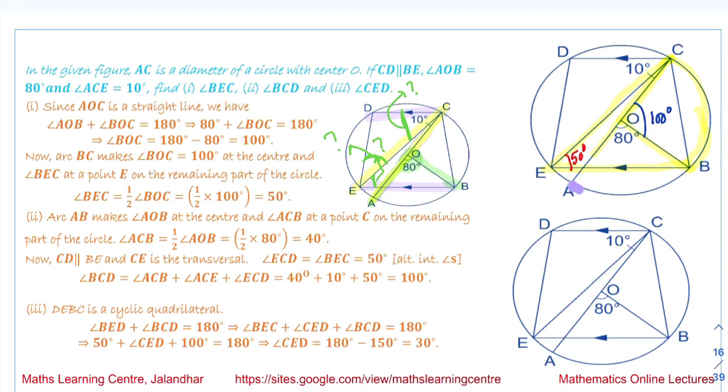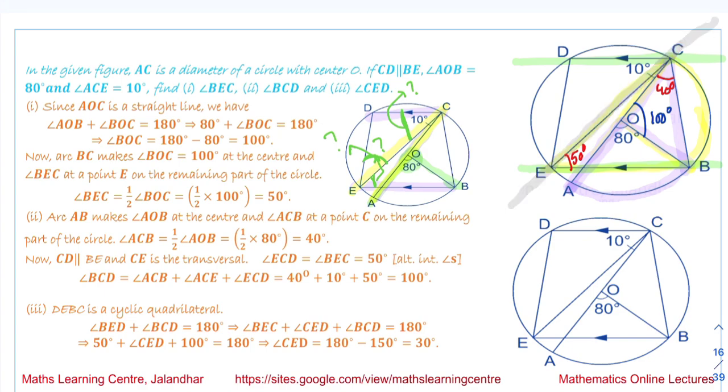Similarly, if we look at this arc AB, at the center it is making an angle of 80 degrees. Then at the point C, it will make an angle of 40 degrees. Now we are given that the lines EB and DC are parallel to each other, and this line EC is the transversal.